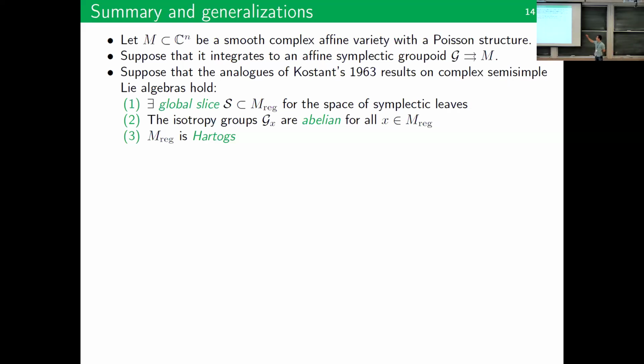So there's a global slice for the set of regular points. Those are the points where the symplectic leaf is of maximal dimension, and the isotropy groups of the Lie groupoid over regular points are abelian. And that this regular locus is Hartogs, so holomorphic functions extend.